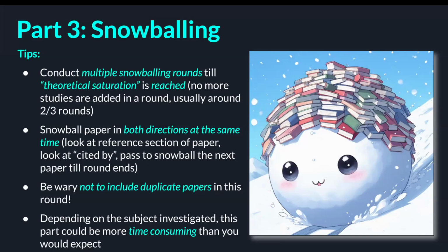Theoretical saturation is when you can't find any new papers to be included. This hand-wavingly usually happens around the second or third round of snowballing. You look at the references, it's all the same ones you saw before, nothing new to be included. You have a good probability that you found most of the literature on the topic you are studying.